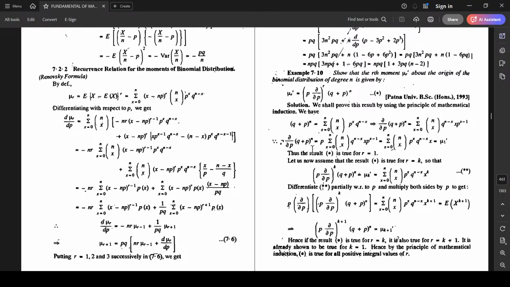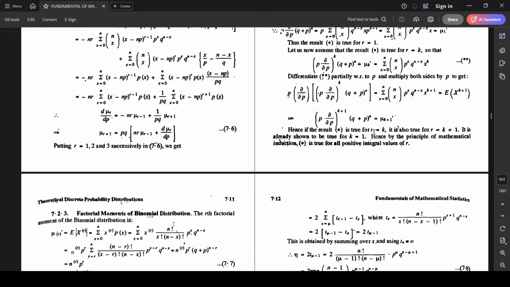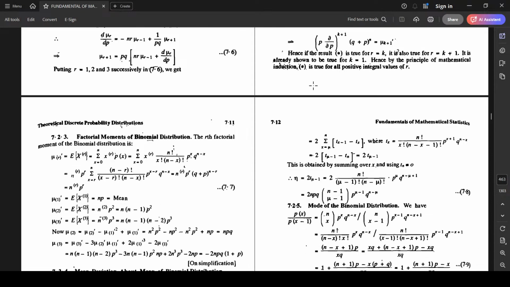It's the same thing as this, q plus p, taking the p in the front. And eventually it will be n minus x. Okay, this is new one, and you can see the solution.